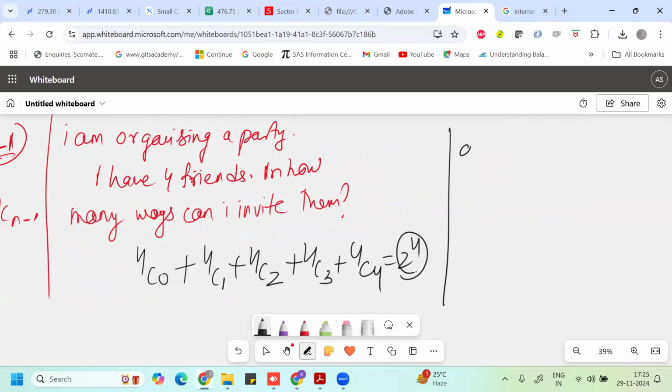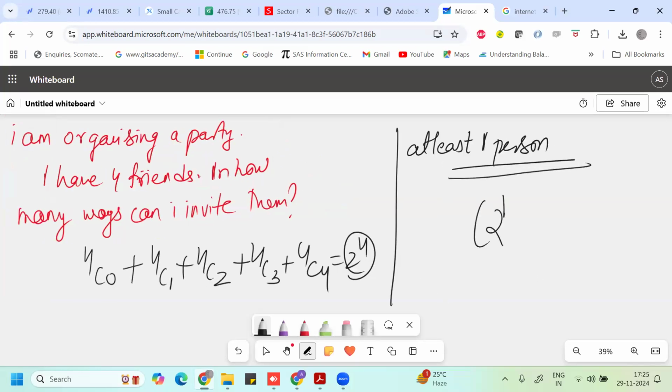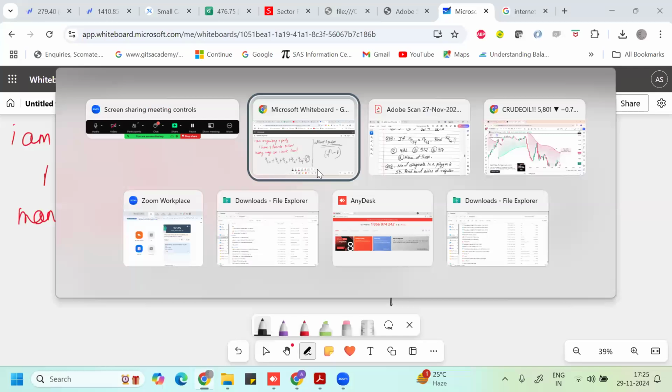Or if you say, no sir, if you are organizing a party, then at least you have to invite one person, you'll not invite no one. So the answer for that would be 2 to the power n minus 1. Getting it, everyone? Remember these things.